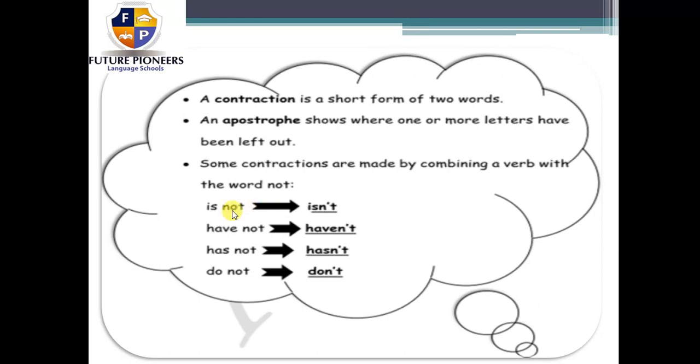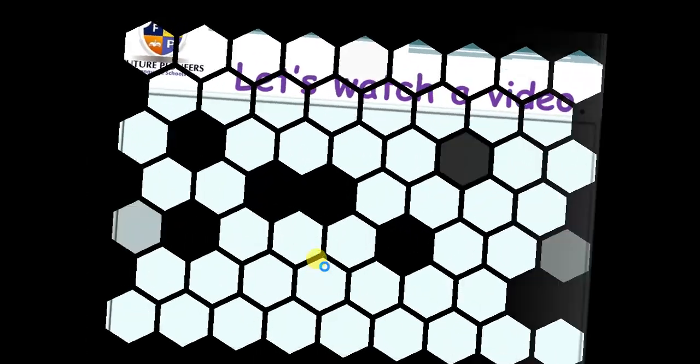Instead of two words, I'm making one word by adding an apostrophe. Is not, isn't. Have not, haven't. Has not, hasn't. Do not, don't. Don't do that. Let's move to the next slide.